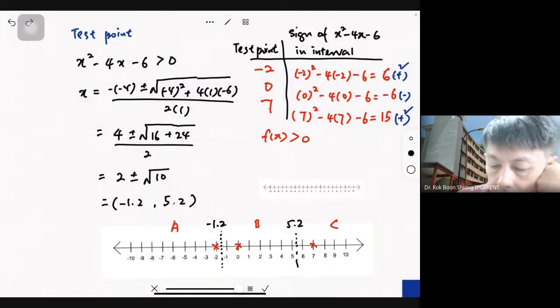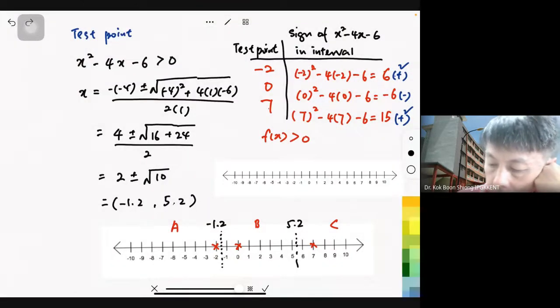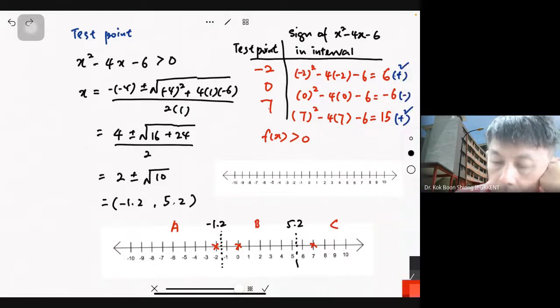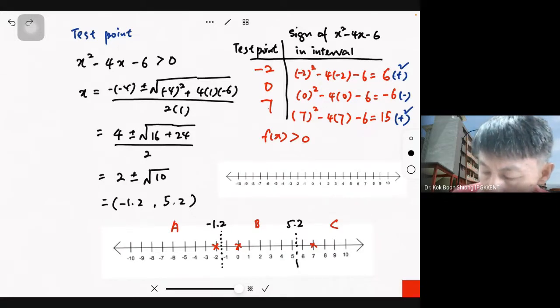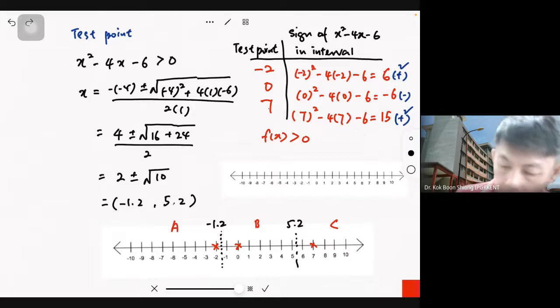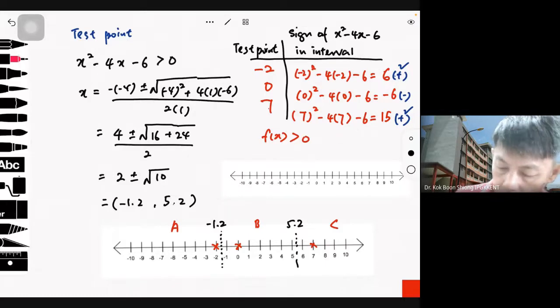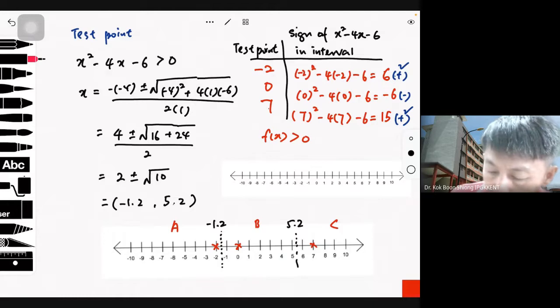So what is the final answer? Negative 1.2 here, and on the other side, 5.2. 5.2 is somewhere here.